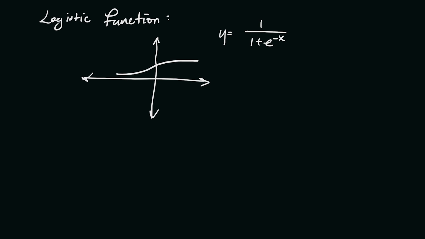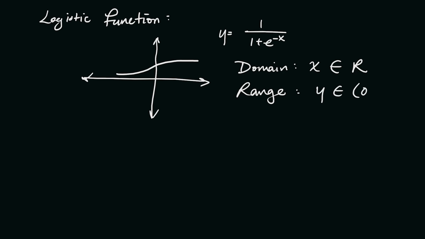You can go to Desmos and plug this in and see how it looks throughout the whole thing, but we're just here for the basics. So the domain is x is an element of R, and our range, in this case, is from 0 to 1, so y is an element of 0 to 1.